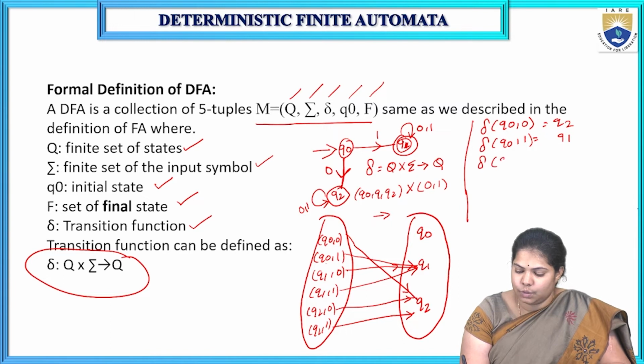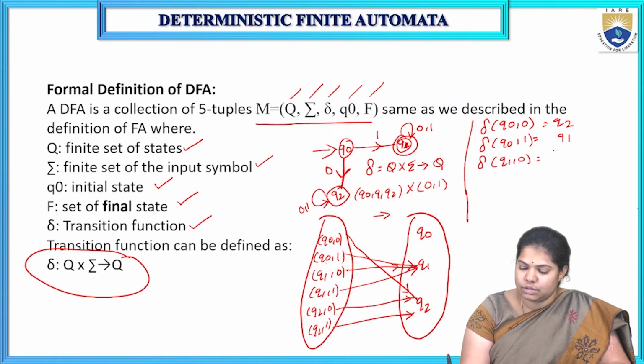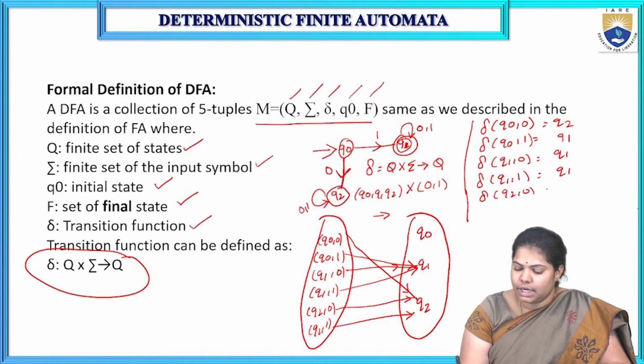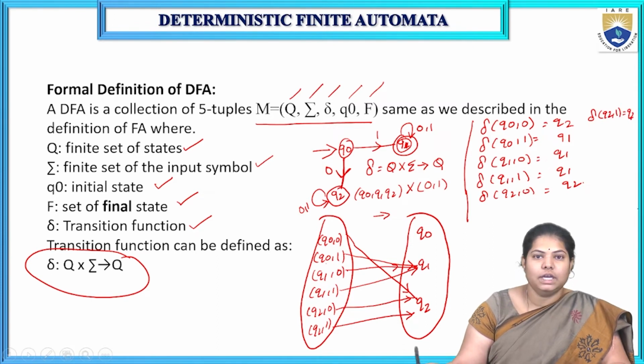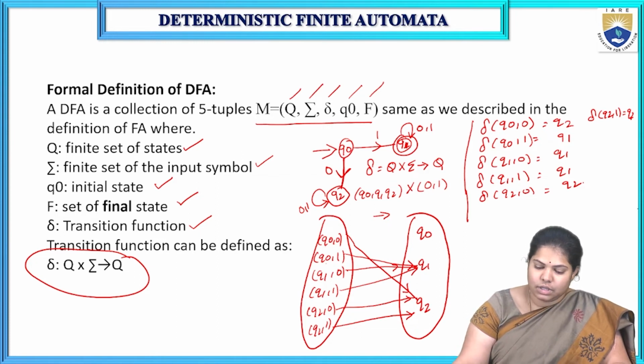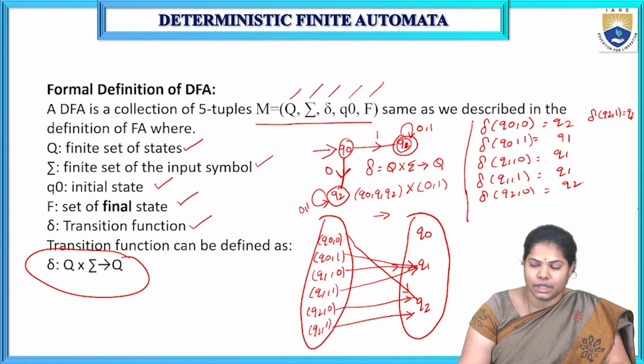Delta of Q1 on 0 goes to Q1. Delta of Q1 on 1 goes to Q1. Delta of Q2 on 0 goes to Q2, and delta of Q2 on 1 goes to Q2 again. So this is how the transition functions work. This is one type of transition function, and this is the other type. So this is the formal definition of the DFA.